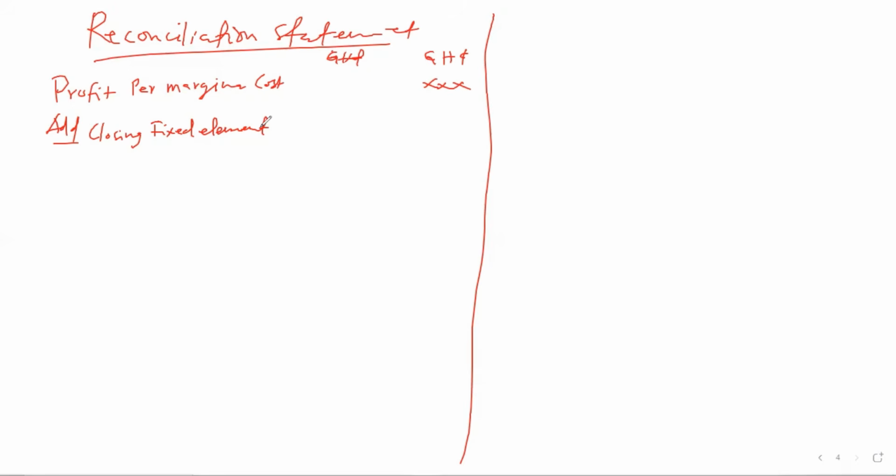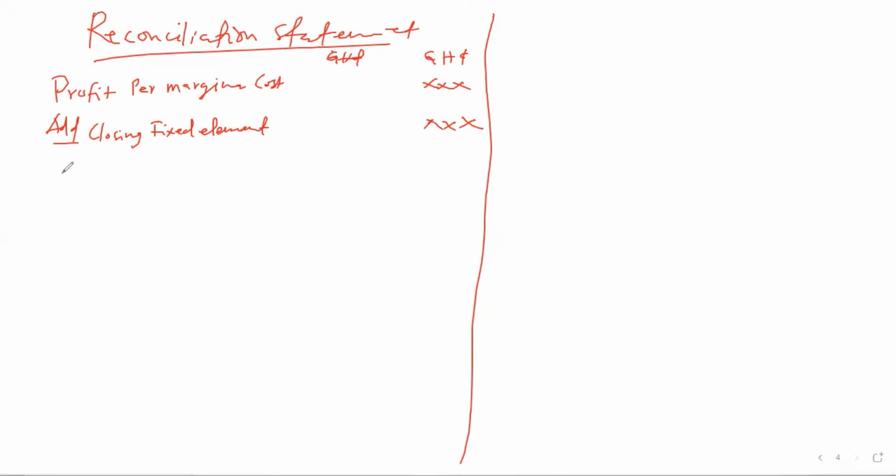And the closing unit is what? 19,000. So the closing fixed element is the closing unit by the fixed production cost per unit: 19,000 by 1. Very simple. So this is just the format.